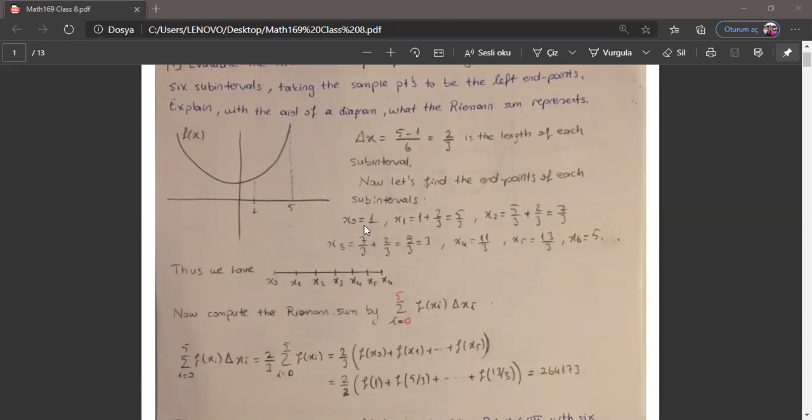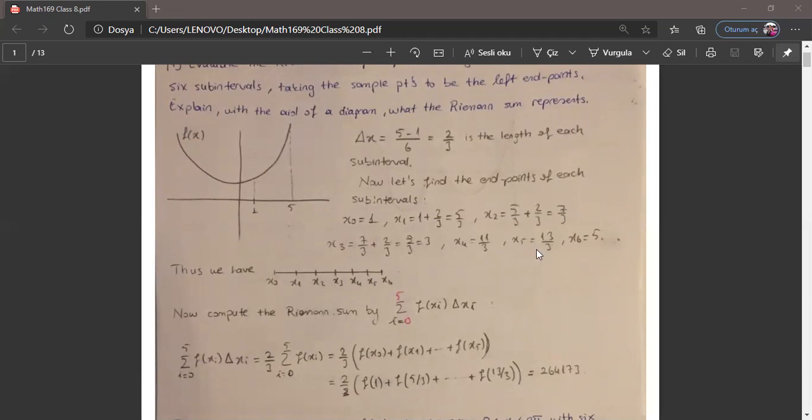Then we need to compute x1, and we know the length of the subinterval is 2 over 3, so we add 2 over 3 and get 5 over 3. To compute x2, we add 2 over 3 again and get 7 over 3. And similarly, we obtain the other values.